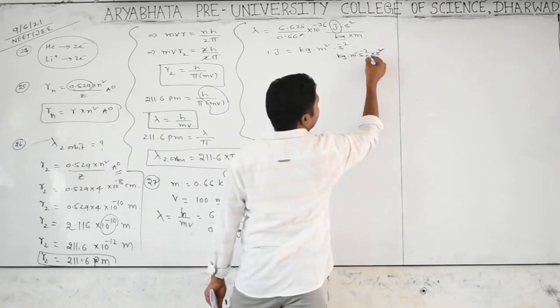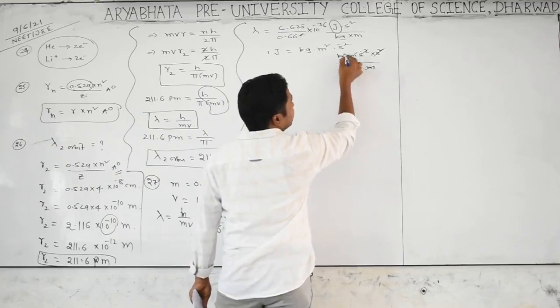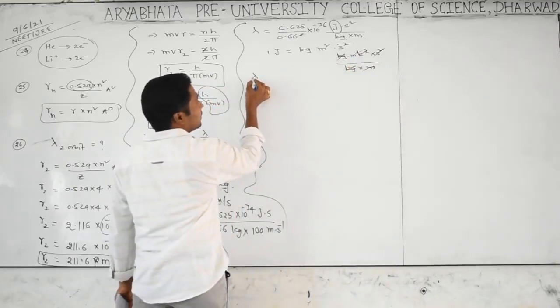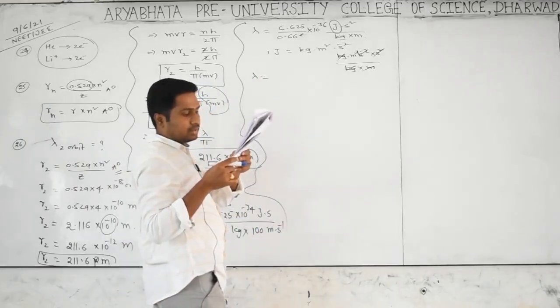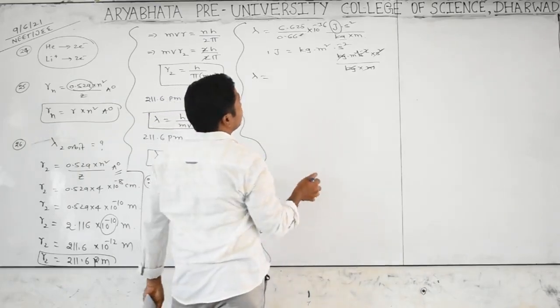You substitute that one, and we get unit cancellation: kg cancels, second square cancels, kg cancels. What remains? Meters is remaining. So lambda is in meters, and the options are also given in meters, it is 10 to the power of minus 38.